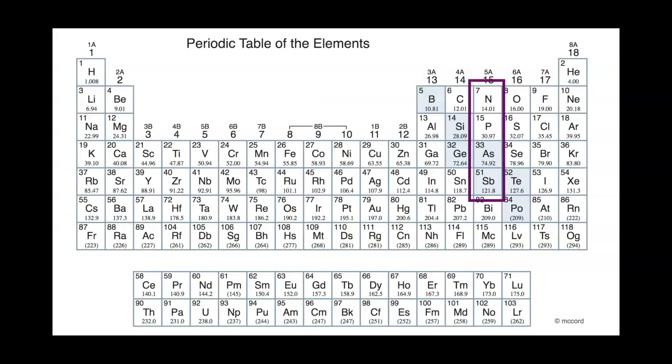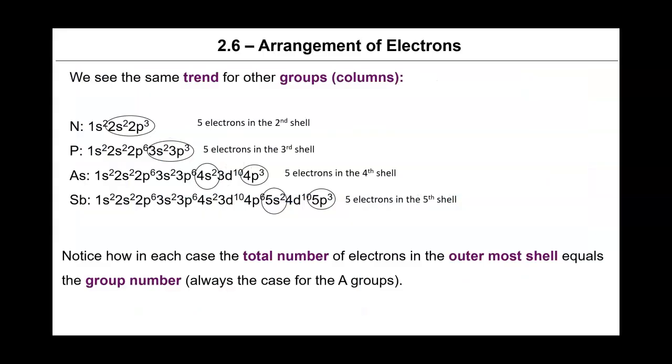Okay. Let's go over to group 5A and have a look at the electron configurations of some of these elements. So nitrogen, which is in row 2, has for its highest shell, shell number 2.